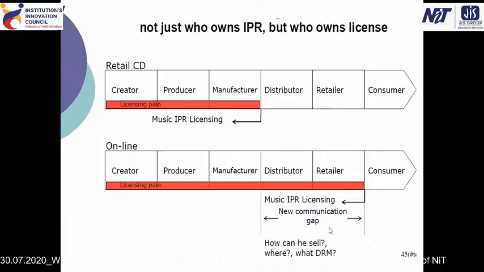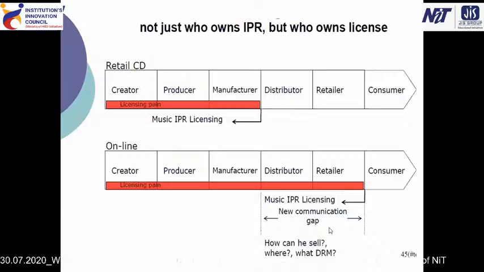In the online system, the distributor and retailer portion is eliminated. See that musical IP licensing reduces the time from creator to consumer, and it is a fast ongoing process in the online system for IPR, intellectual property.